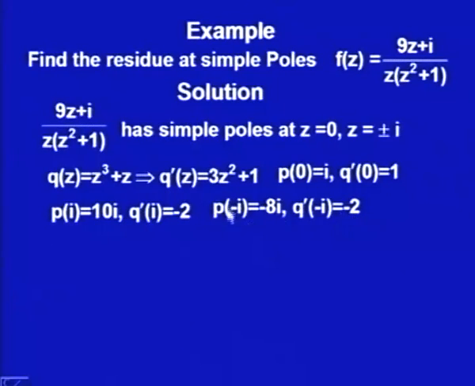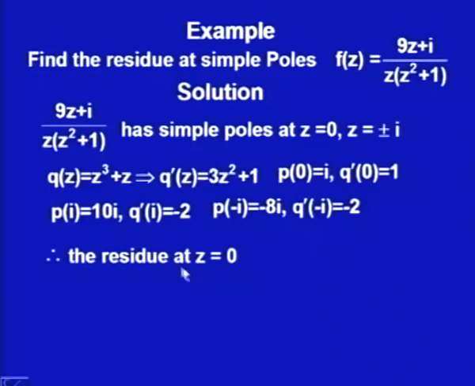So, now what I have found is that this function is of the form p(z) upon q(z). It has simple poles at 0 and plus and minus i. Moreover, at all these pole points, the numerator is not 0 at those points. So, we just go with the second one.